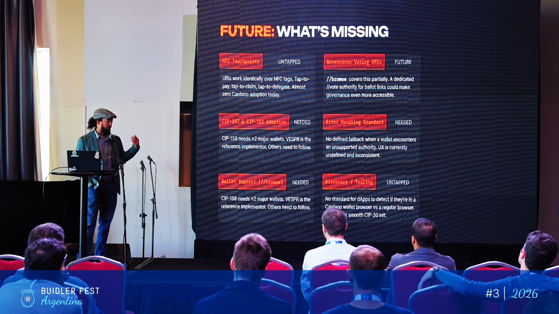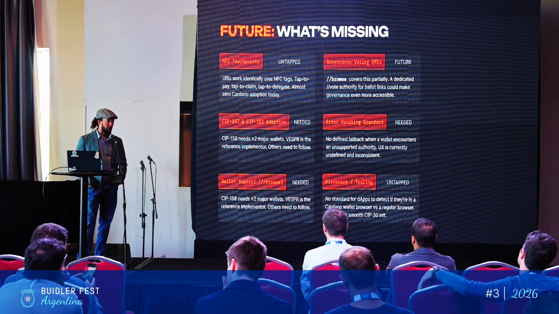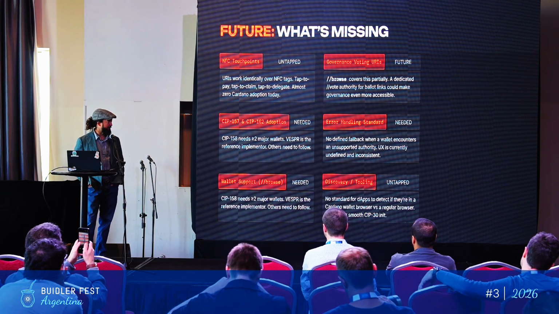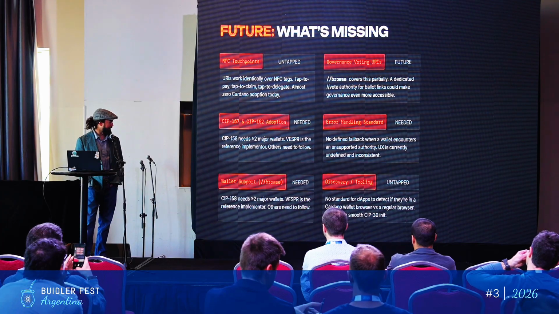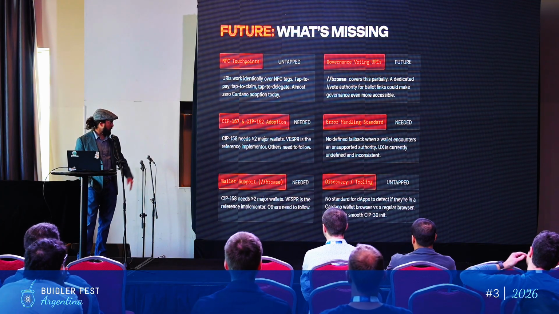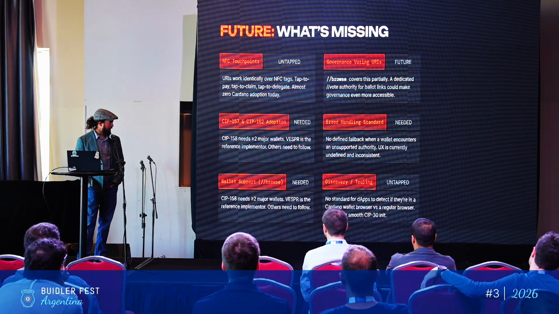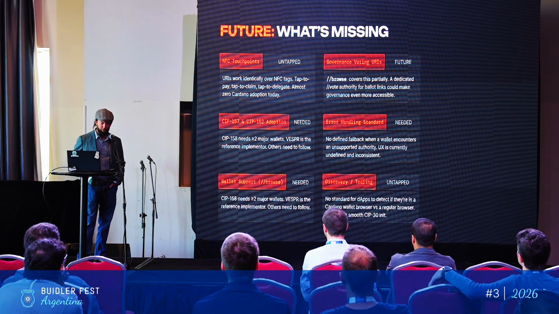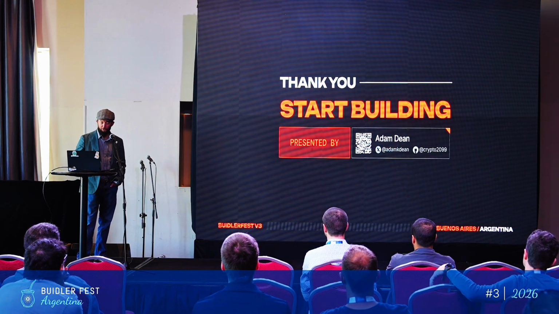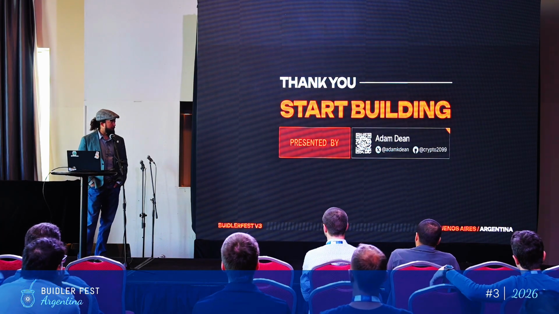We need some better error handling across all of these different URIs when they start getting used so that if something's not working correctly, the wallets can provide a more consistent standard. And then again, more wallet support for the browse authority, and how do we discover and increase the amount of tooling available to the ecosystem. So yeah, that's it. Thank you, and start building.